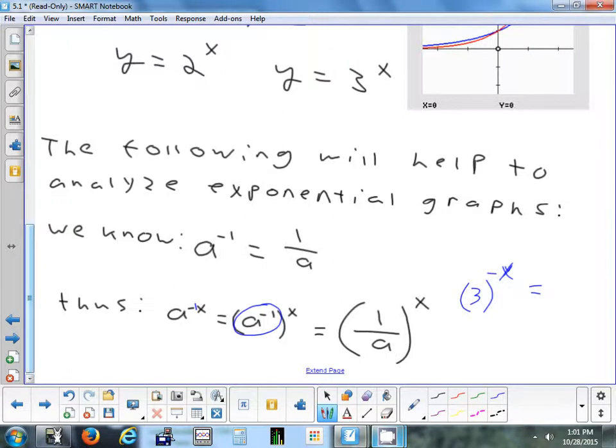Let's try that. 3 to the -x. Would it be 1 over 3 to the x? 1 over 3 to the x. Yes. Okay, just following this pattern right here. Okay, any questions on that? All right.